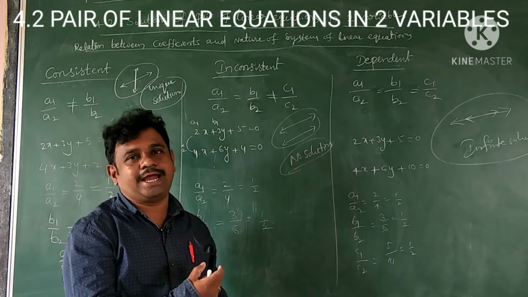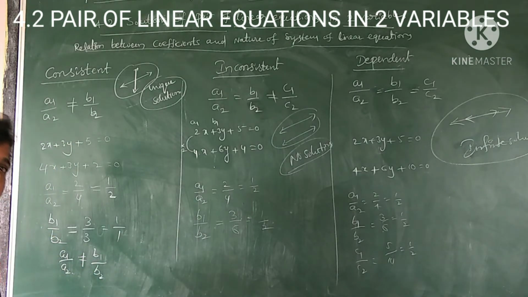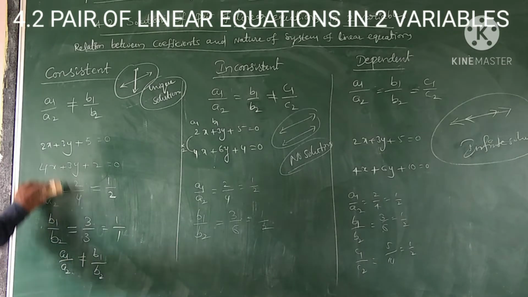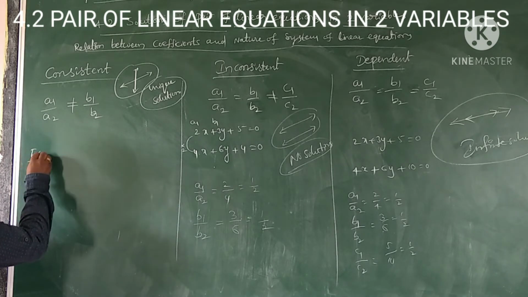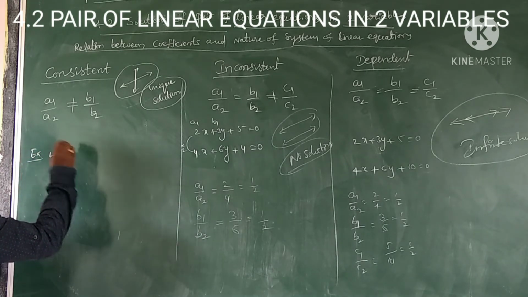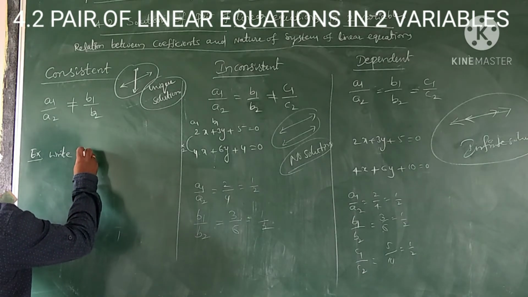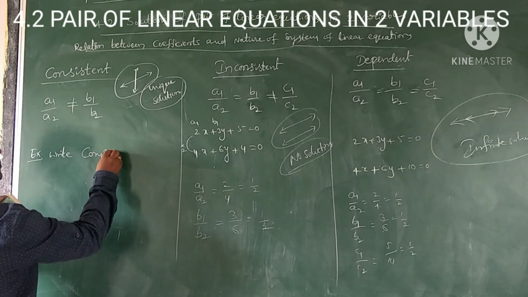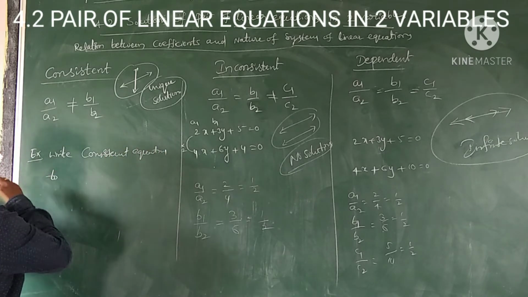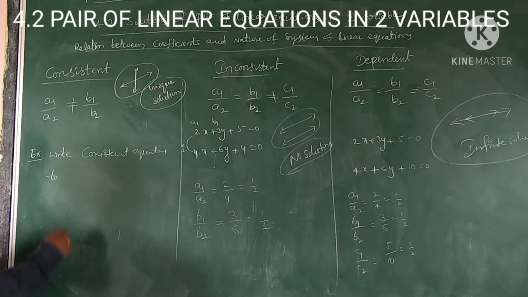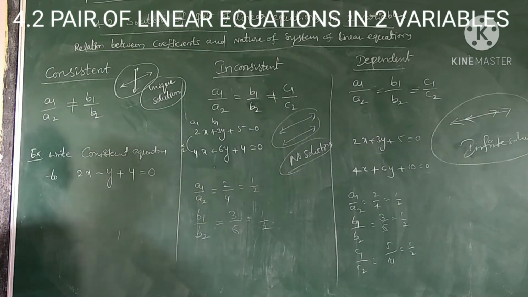Now we can try to write, if an equation is given, a dependent equation. For example, write a consistent equation to 2x minus y plus 4 equal to 0.